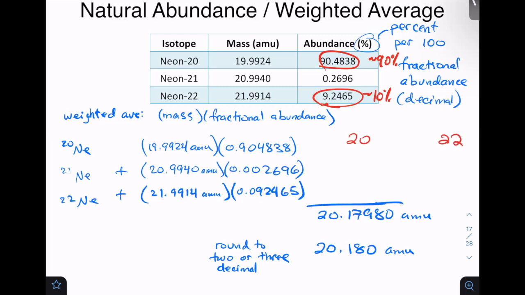If all of the neon was neon 20, we would expect to have an atomic mass of 20, right? And if all of the neon was neon 22, we would expect the atomic mass to be 22. But we can look at the periodic table. The periodic table tells us that it's 20.18 or 20.2. So you would expect, based on 90%, all right, that the actual weighted average is not going to be here, this is where it would be if it's a normal average. But the weighted average would fall over here.